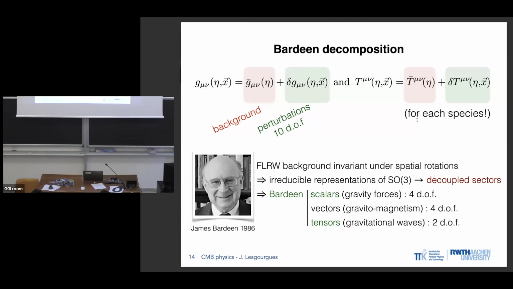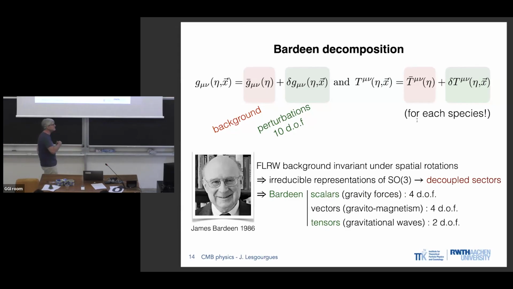A lot of order was brought by this great paper from James Bardeen in 1986, where Bardeen had this intuition that we define perturbations in a very special background. It's a background which is assumed to be homogeneous and isotropic. That's a Friedmann-Lemaitre assumption. And thus the background is invariant under spatial rotation, under the group SO(3).